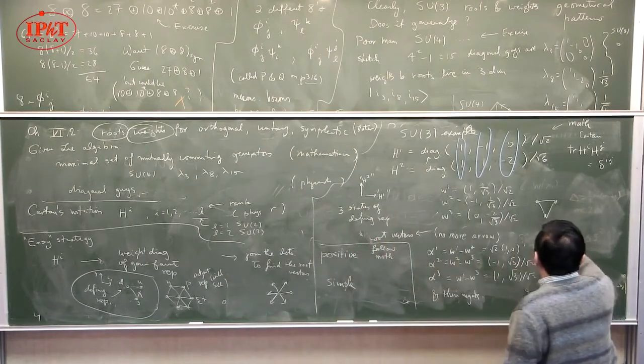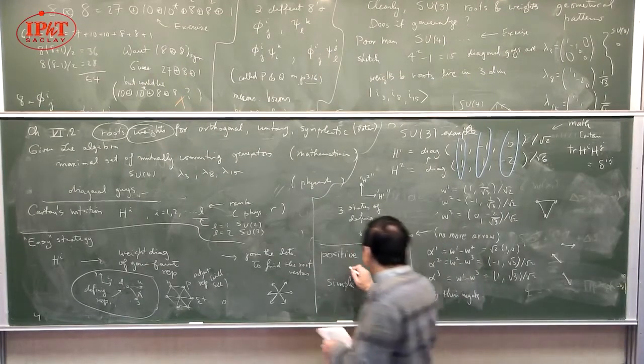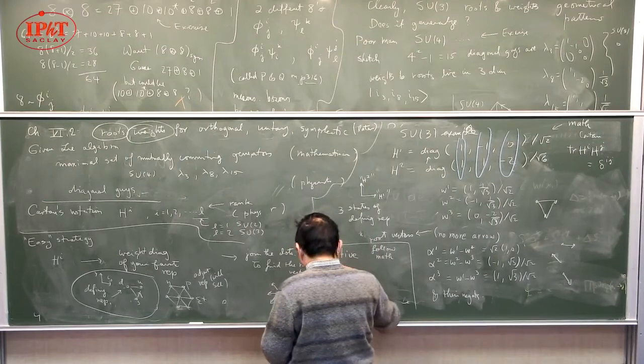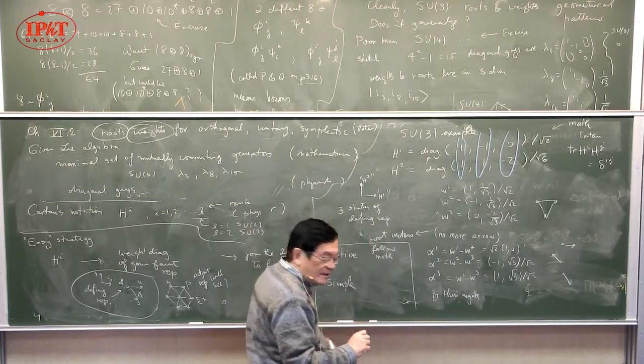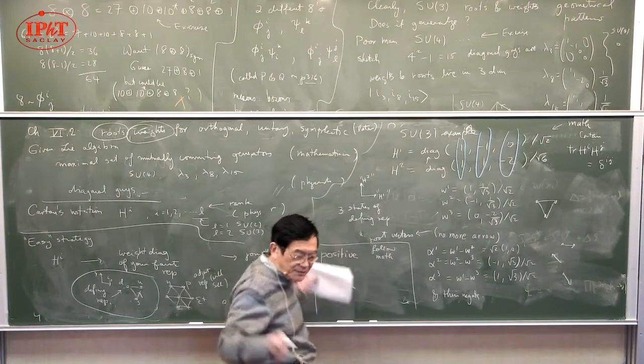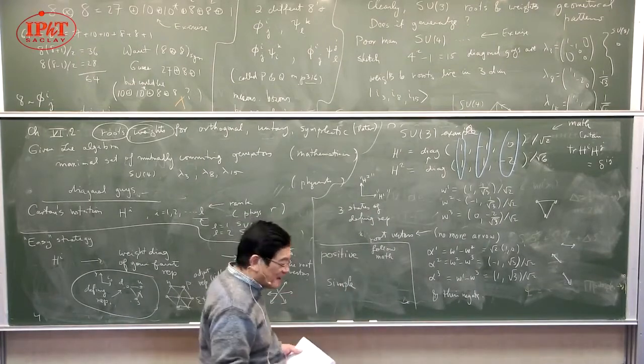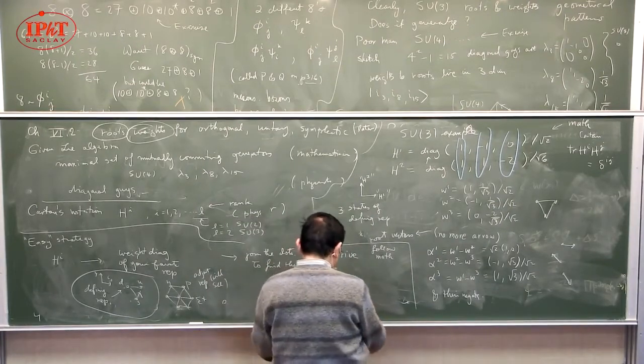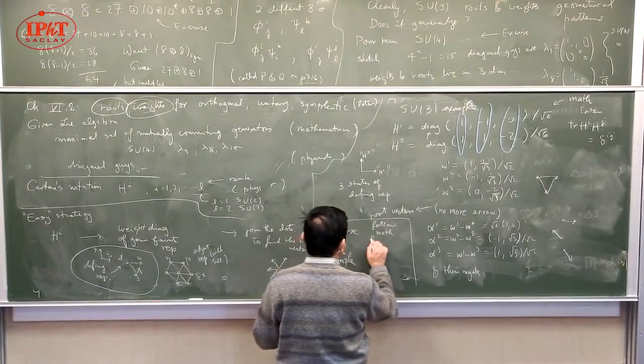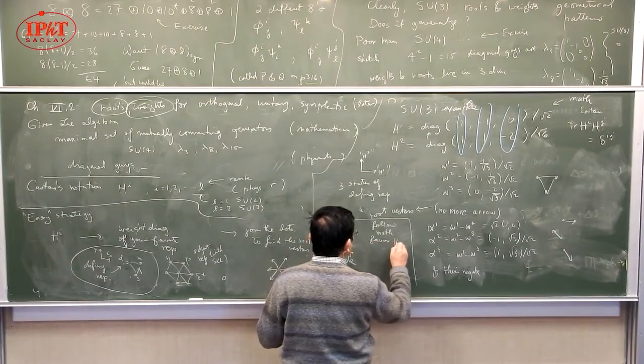The physicist convention favors isospin over hypercharge, just for historical reasons, because Heisenberg is a big guy, and he had isospin first. But the mathematicians favor H2 over H1.